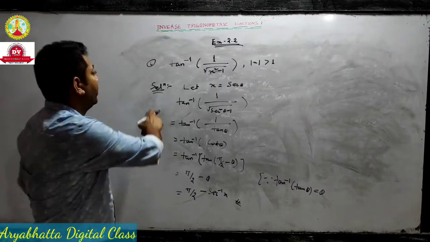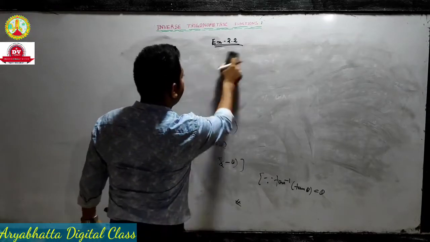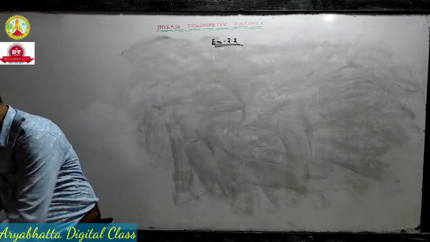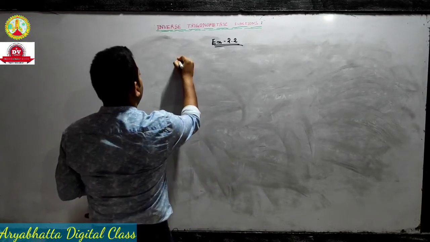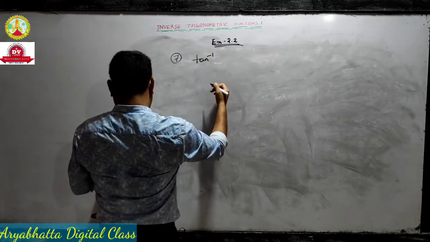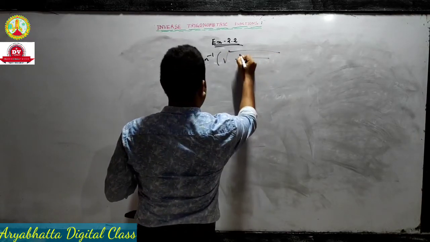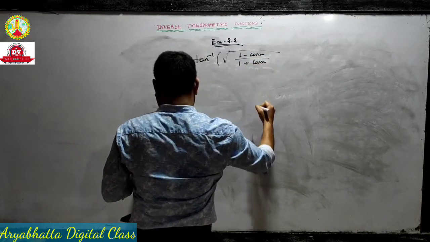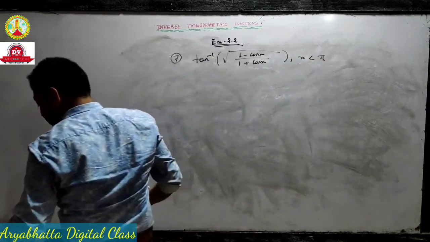Next, question number 7. Tan inverse bracket start root 1 minus cos x divided by 1 plus cos x bracket close, where x less than pi.